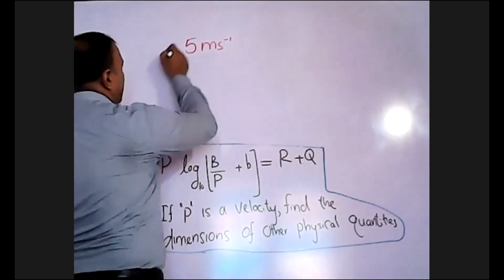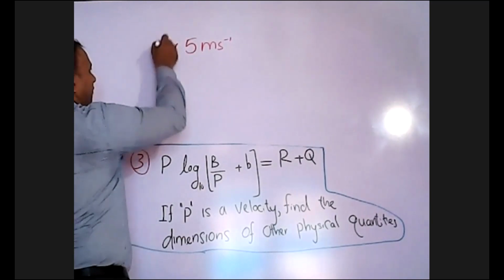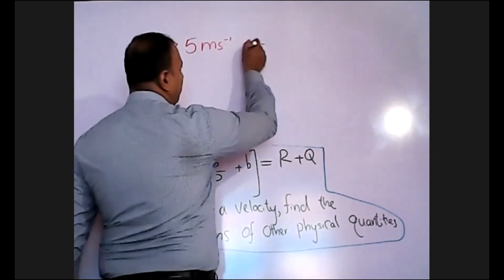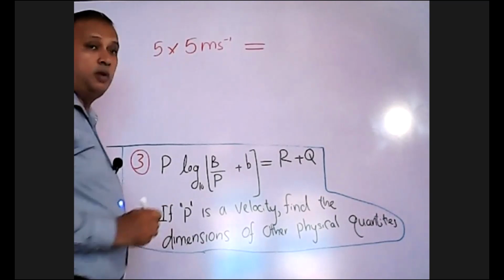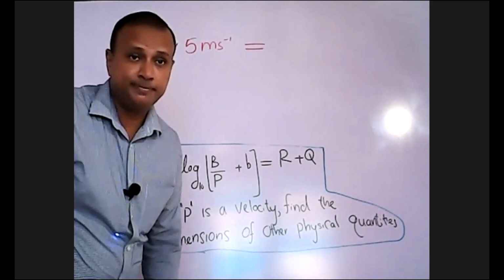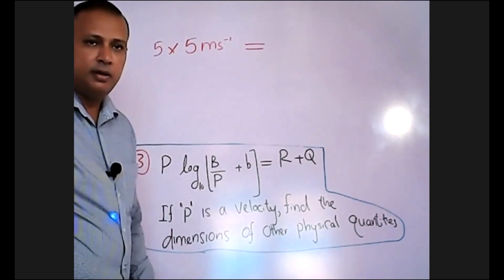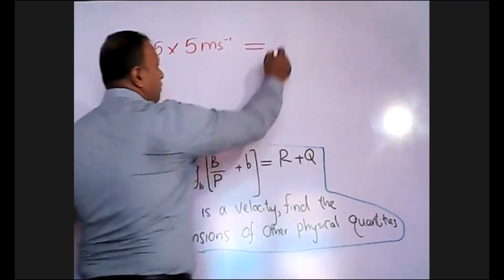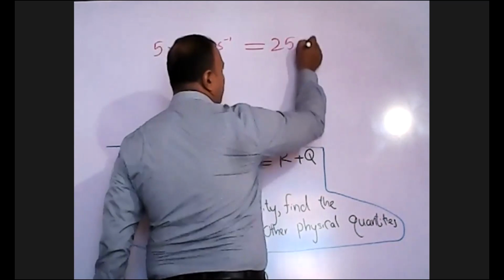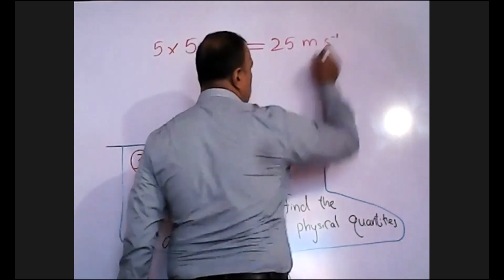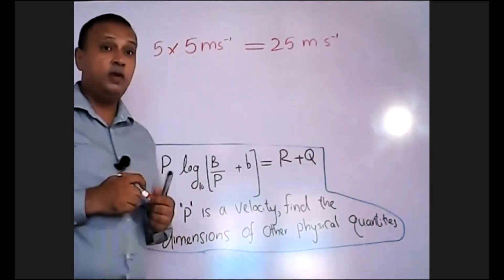If you multiply this velocity by 5, what will be the result? It is 25 ms minus 1, no?